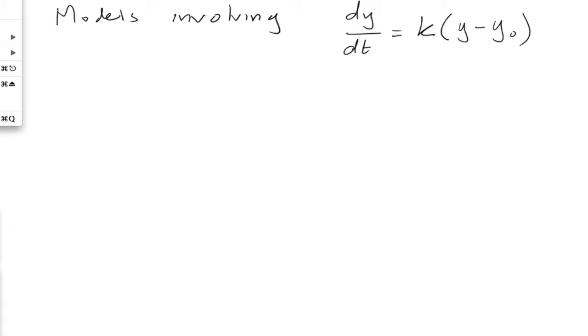So k is just a constant, whatever the situation is, but it's saying that the rate of change is proportional to the current value minus the difference between the value and the starting value. Does that sound like a situation that we've mentioned before, where the rate of change is dependent on the difference?